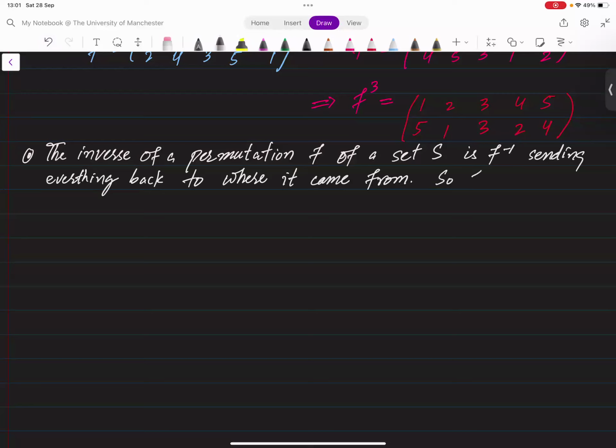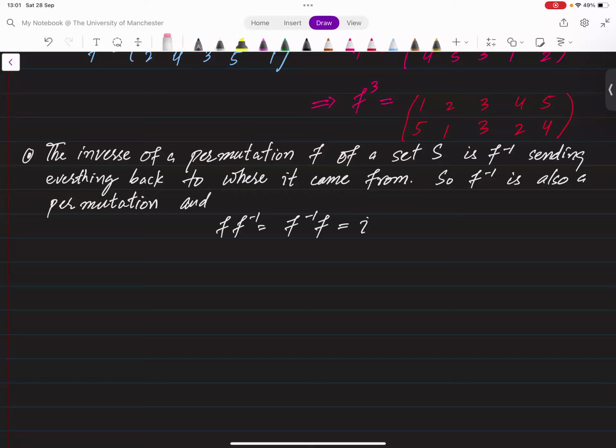So f inverse is also a permutation, and you can write f into f inverse is f inverse into f, and that is I, where I is the identity permutation of S.